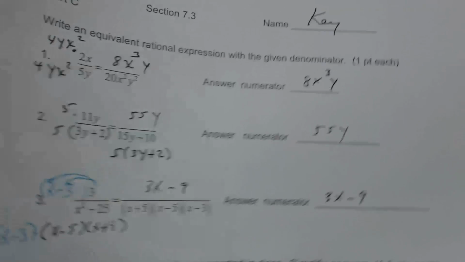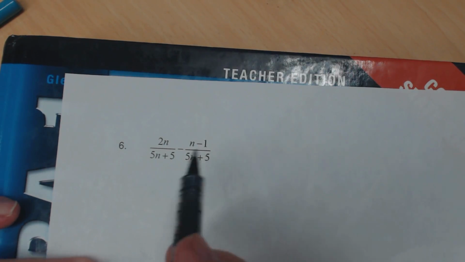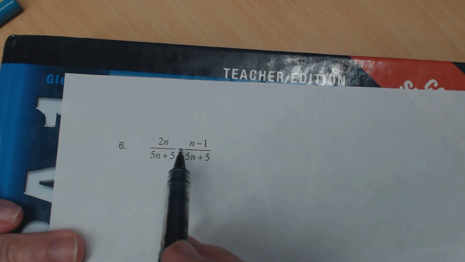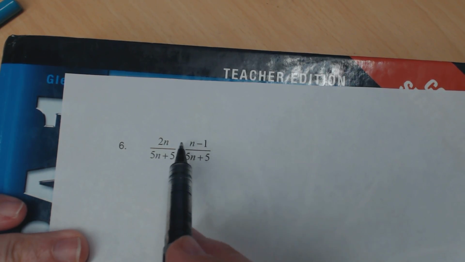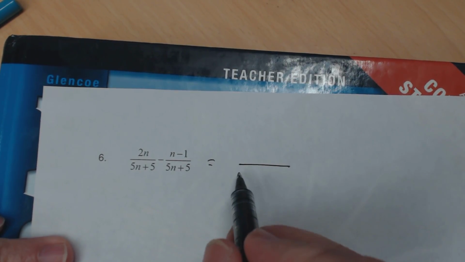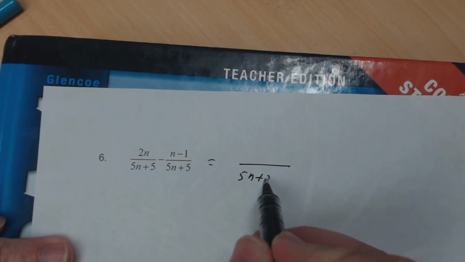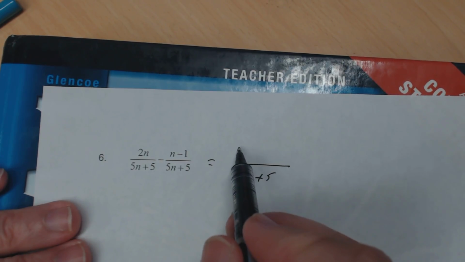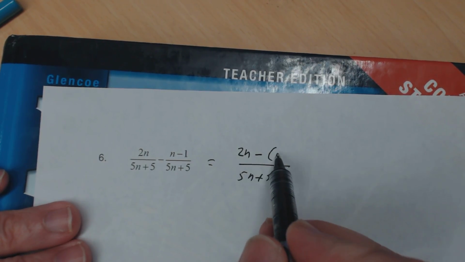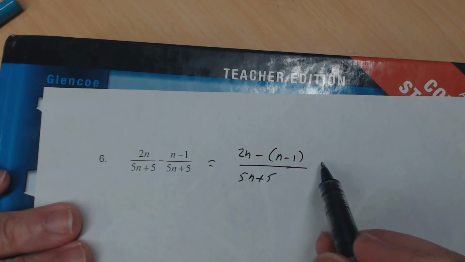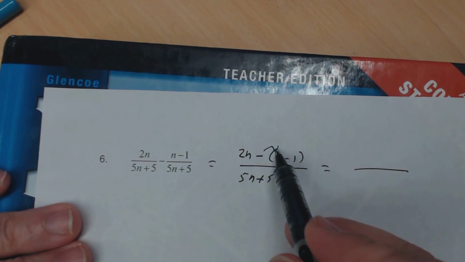All right, number 6. Again, notice the denominators are the same. This time you're subtracting again, so remember, put this in parentheses. So I'm going to get 5n plus 5 in the denominator, and in the numerator we're going to have 2n minus, in parentheses, n minus 1. Okay, now distribute, get rid of the parentheses.